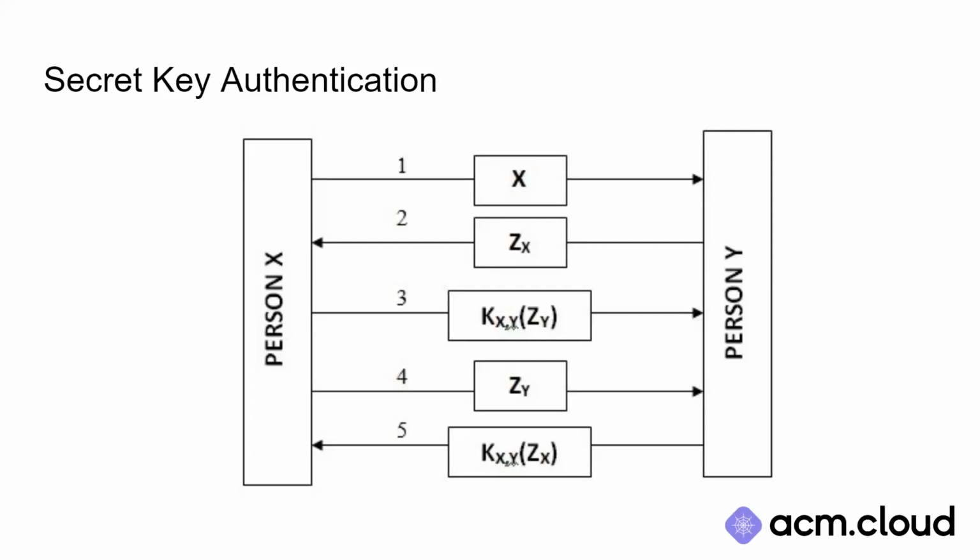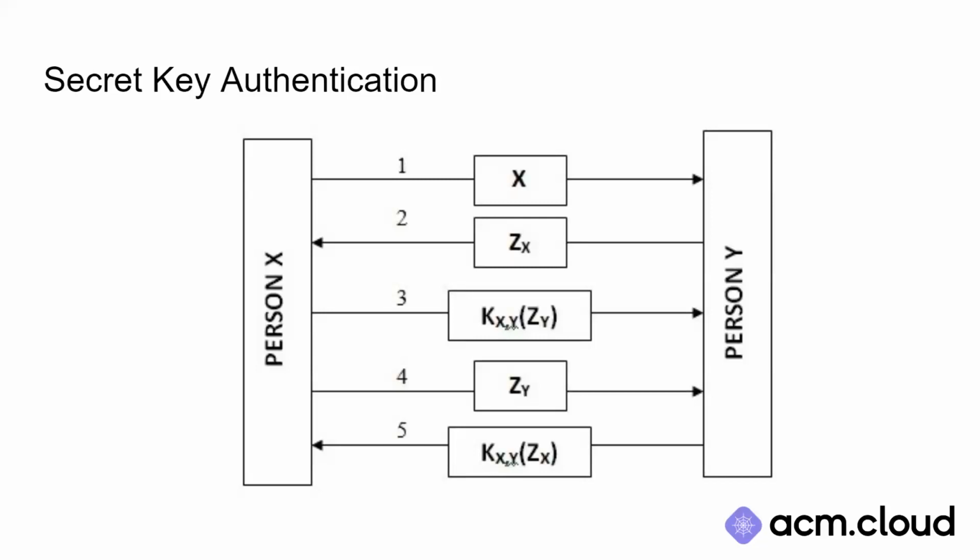Or actually, no, I messed it up. So person X is requesting something from person Y, and person Y needs to make sure that person X is who they say they are. And so it's basically going to send over a random challenge.